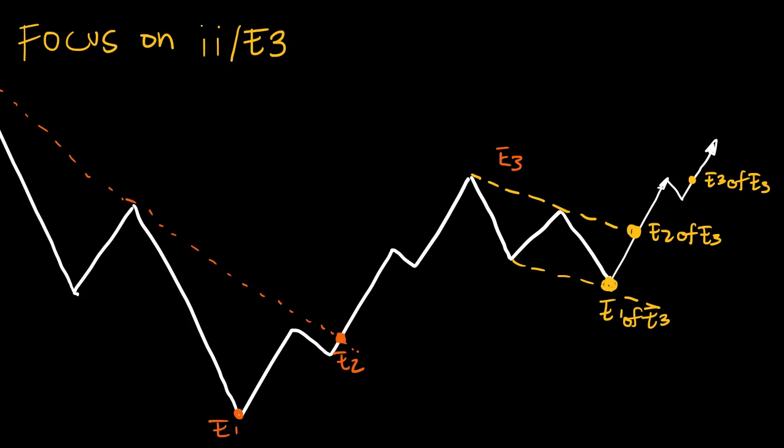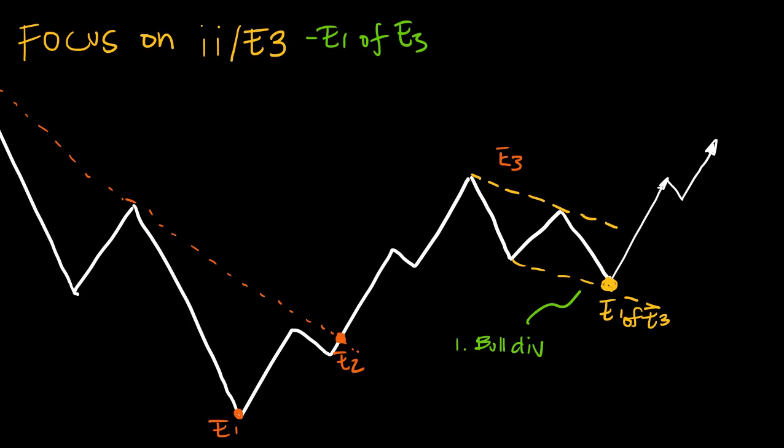Like any other E1, E1 of E3 can be identified after the confluence of the following setups. Number 1, a bullish divergence in the lower time frame. Number 2, a rest on a Fibonacci retracement level. And number 3, preferably at the bottom part of our projective channel.